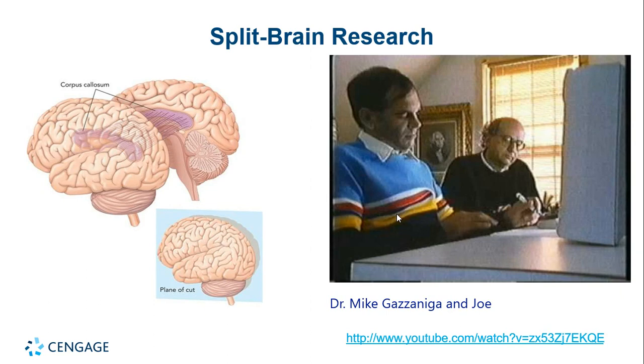And so your right brain sees it, it can draw it, but it can't tell you it sees it. The part of the brain that speaks is your left brain. And your left brain, or at least Joe's left brain, didn't see the word. And so when you ask him what was the word, his left brain, the part that can speak, goes, I didn't see anything, because it didn't.